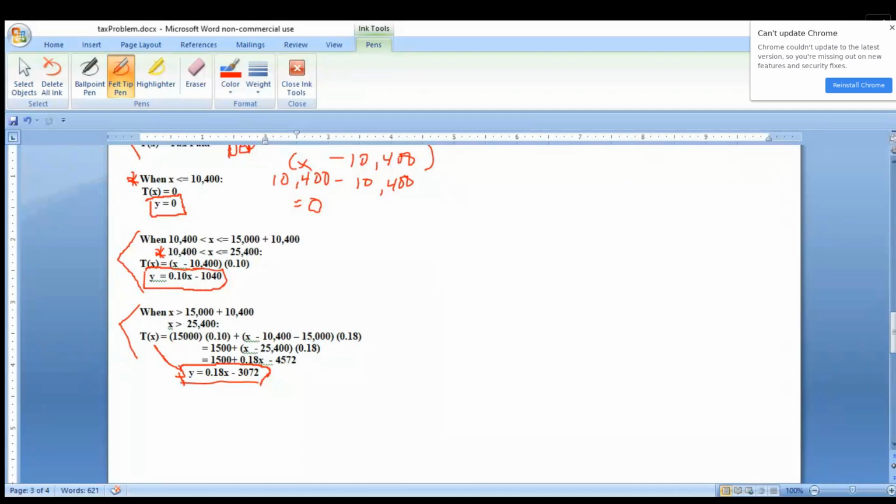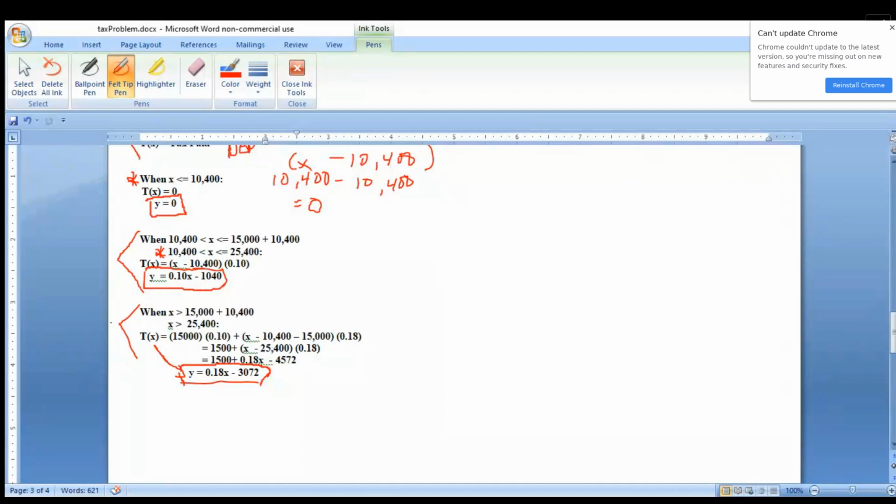So you can see that the blue one ends at 25.4, and is that where we told it to end? And the tax is $1,500. Well, 25.4, if that's your total income, you subtract your perk of 10.4, you're left with 15,000. Well, the tax on 15,000 is 10%, which would give us 1,500, and I'll be darned, that's what it says, 1,500 for your tax, your Y value.